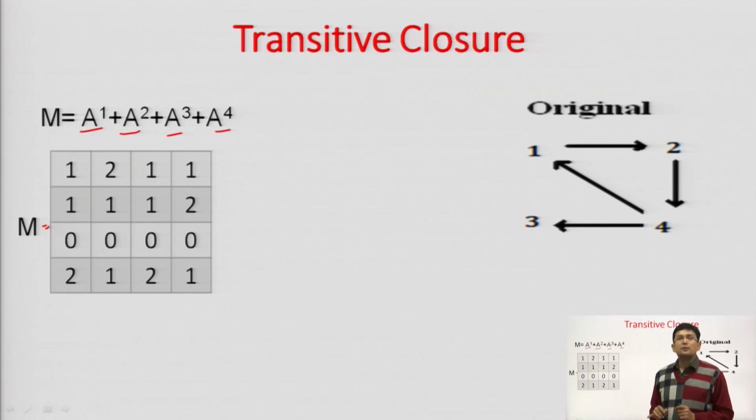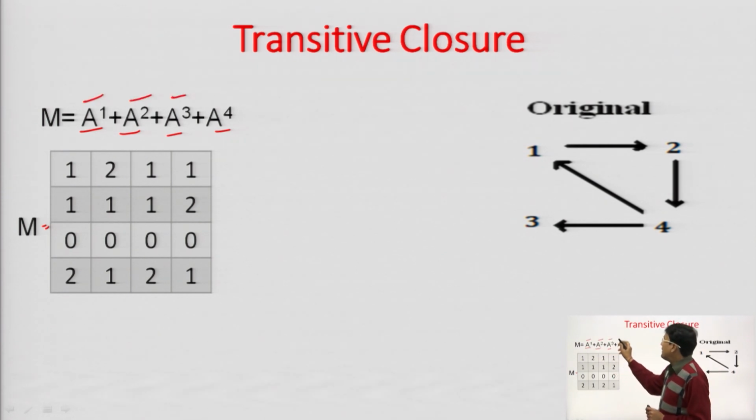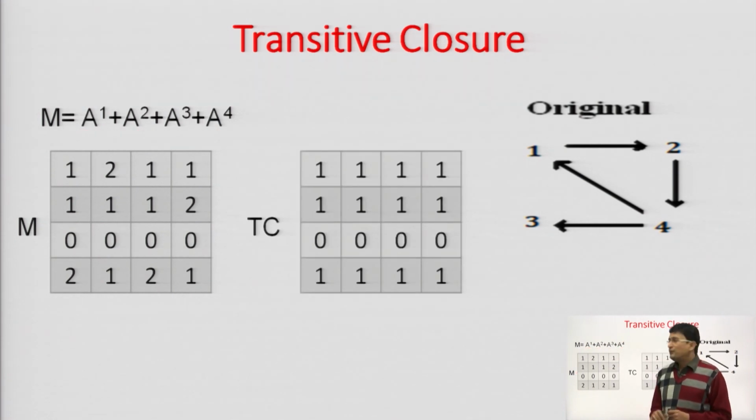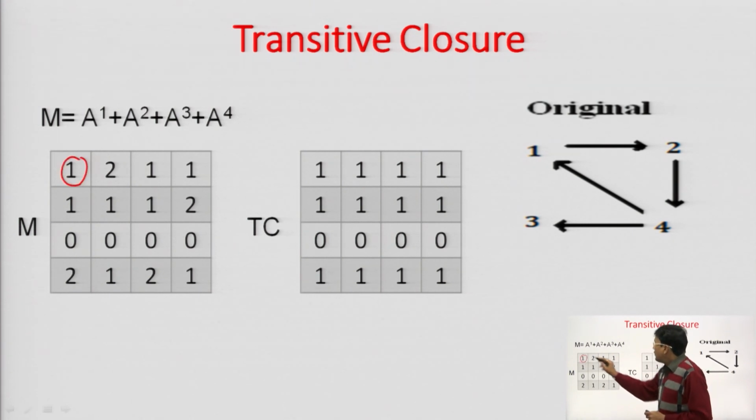The M matrix is telling you how many paths of different lengths are possible between a pair of stations. What we have done is added all these matrices, so the M matrix has the information about all the possible paths. Finally, we are going to compute the transitive closure matrix. This is computed through the M matrix with all the non-zero entries represented by 1.